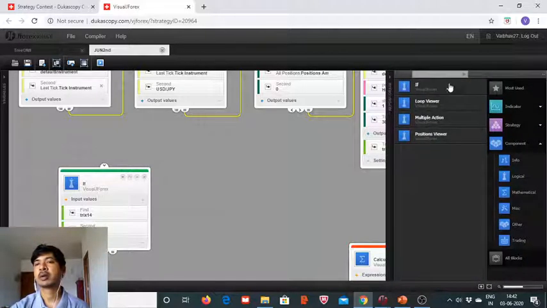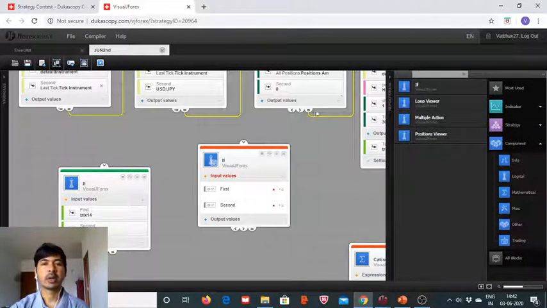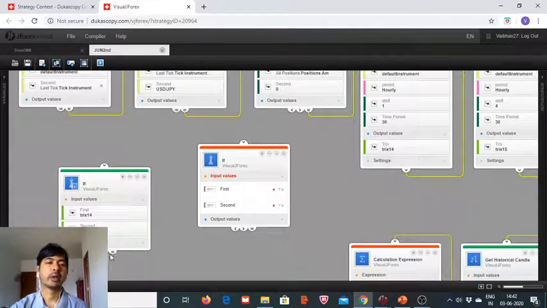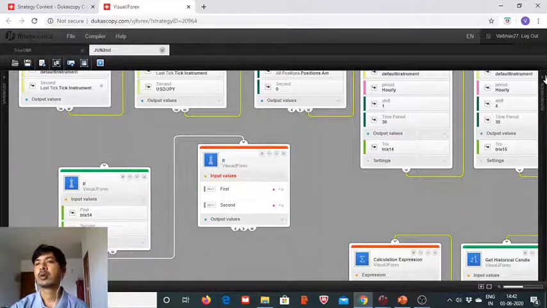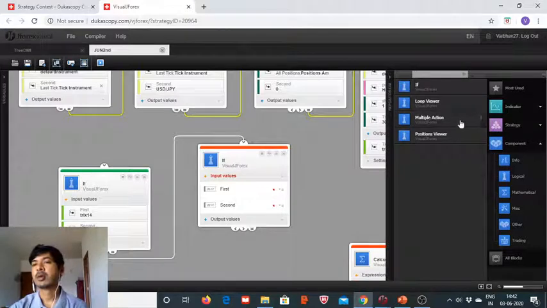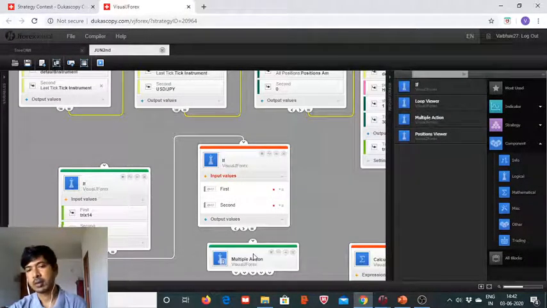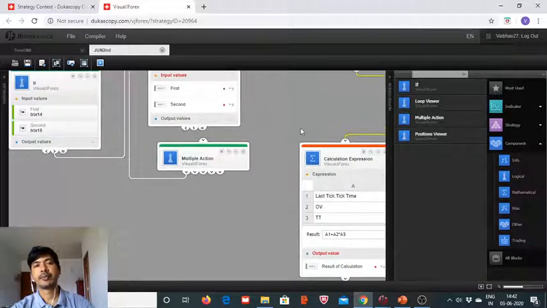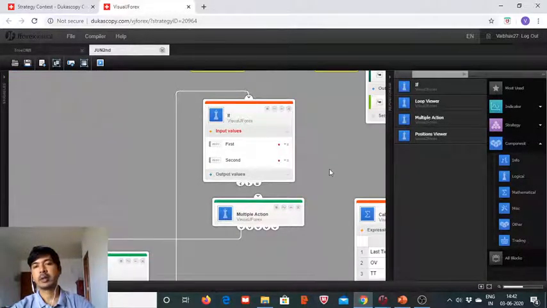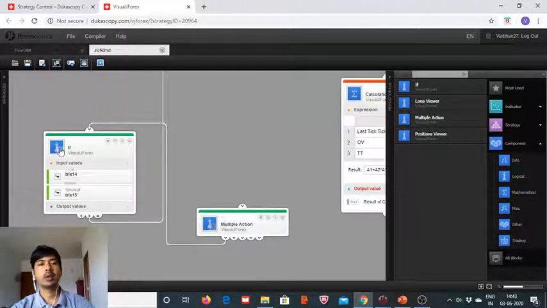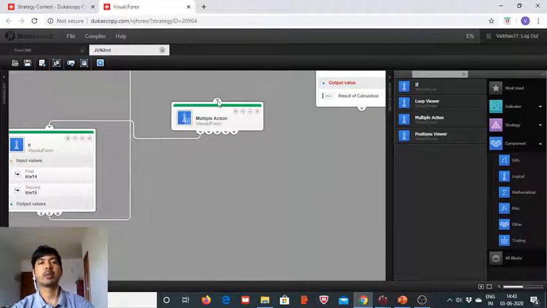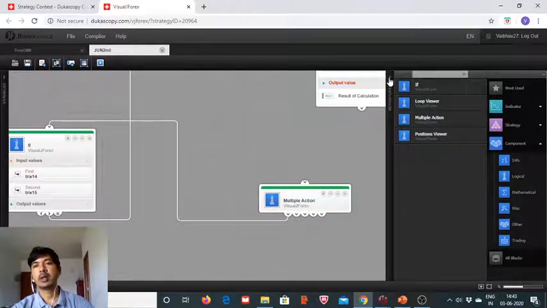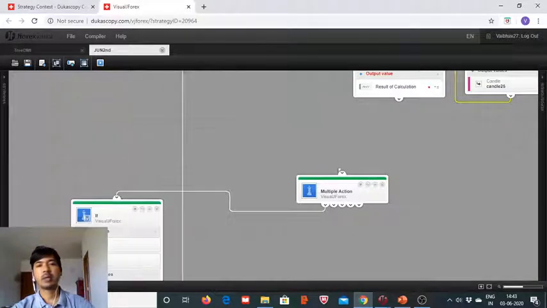Now here we take a block again, and it should be first input greater than second input. We will need multiple action as well, and then we will join it here. Let us take this. We will leave one row empty in case of further optimization. We can easily bring in additional indicators.